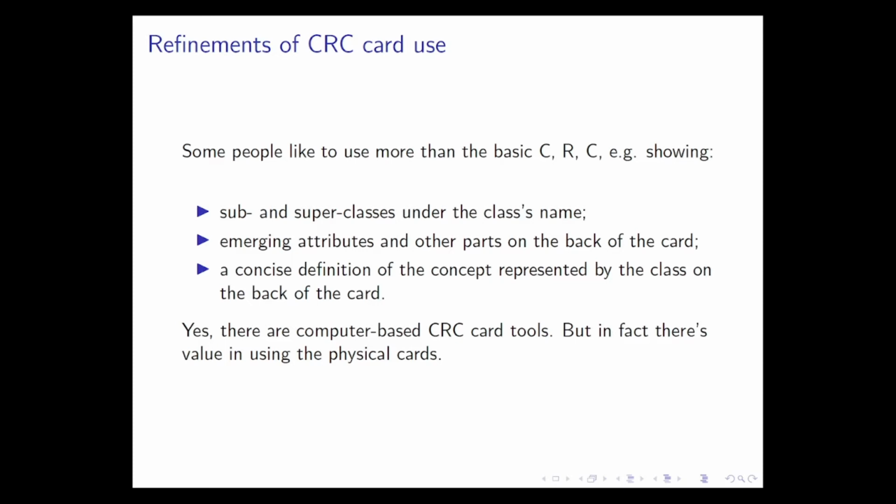But you know, there are no rules here, you can do what makes sense in your group. And very often people like to have a concise definition of the concept represented by the class on the back of the card. I think I already mentioned that one actually. There are of course computer-based CRC card tools, you'd expect that. There is actually value in using the physical cards, provided of course you're in a situation where it's possible to meet face to face.